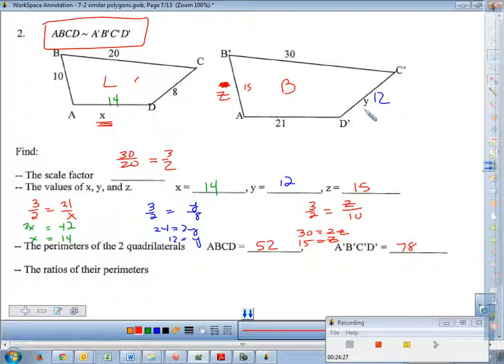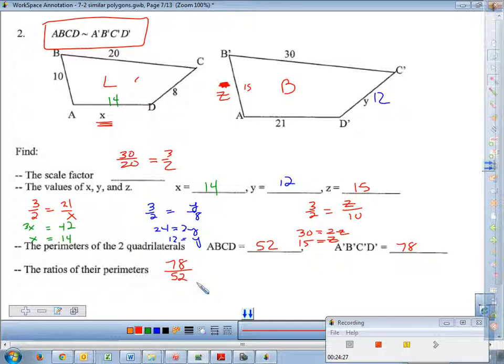So find the ratio of their perimeters. Should we put it as 52 over 78 or 78 over 52? Big over little, right? 78 over 52. Do you think that that reduces? Yes or no? Yeah? They're both even, so we could reduce it by 2. I'll tell you what, I'll save you a lot of time. 26 goes into each one of those, right?